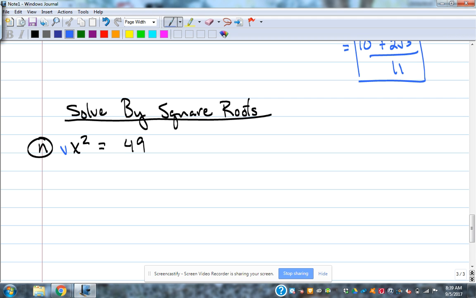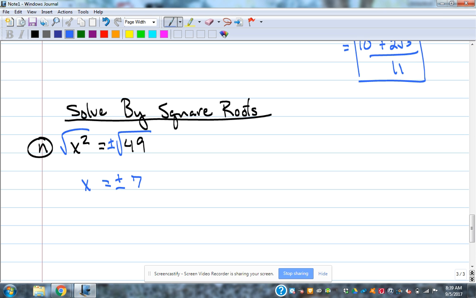If I take the square root of both sides, what's the square root of 49? Not just 7, but plus or minus 7. Because negative 7 times negative 7 is also positive 49. So we can get two different answers here. It's a squared x, so that should mean you get two answers.